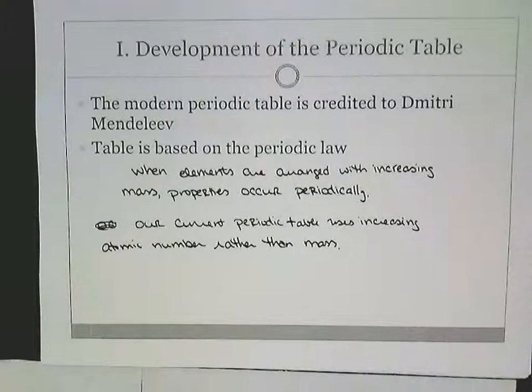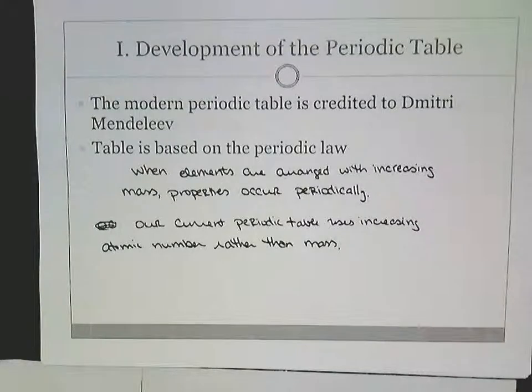That's because there are some swirly masses in there that don't line up correctly. Like cobalt and nickel: technically cobalt is heavier than nickel, but cobalt's 27 and nickel's 28. So it works out better if we use atomic number. You get a better lineup of properties.